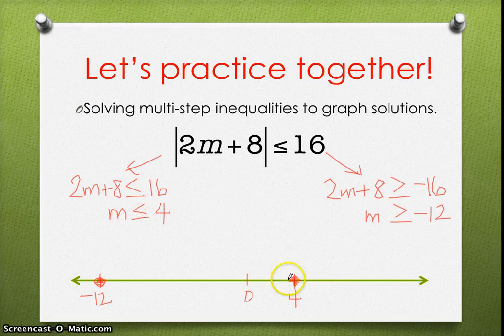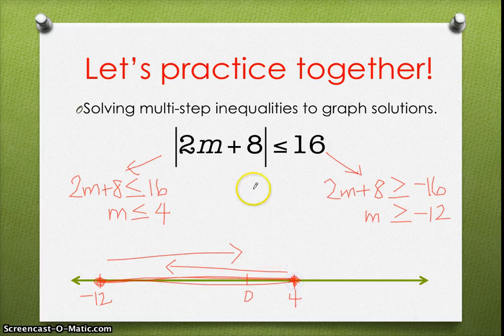Less than means that we're moving in the left direction, and greater than means that we're moving in the right direction. So the values that exist between negative 12 and 4 are the solutions that would make this inequality true.